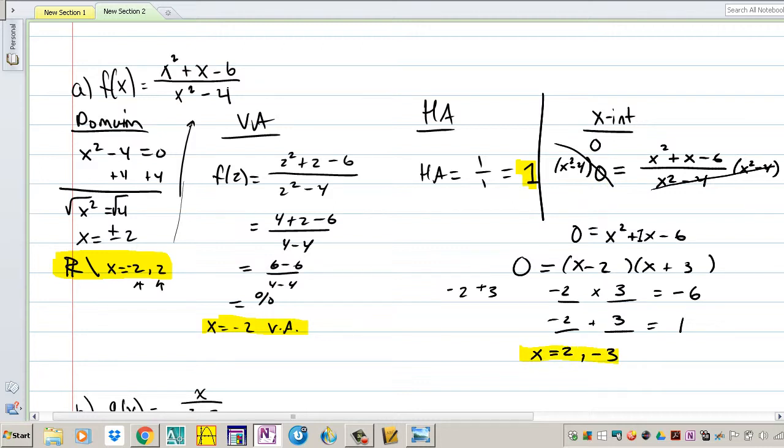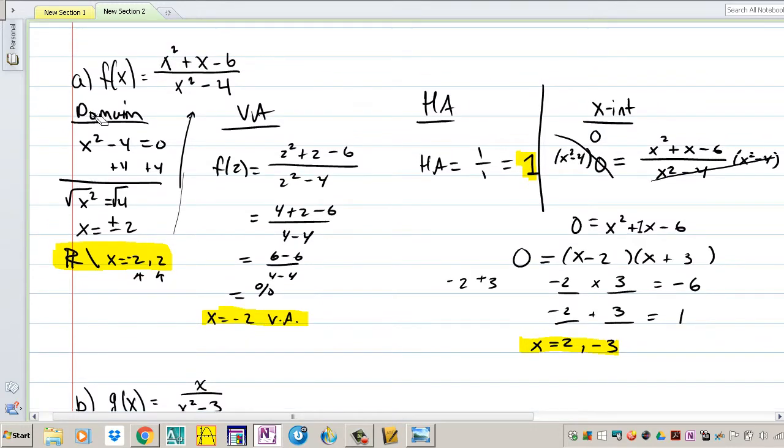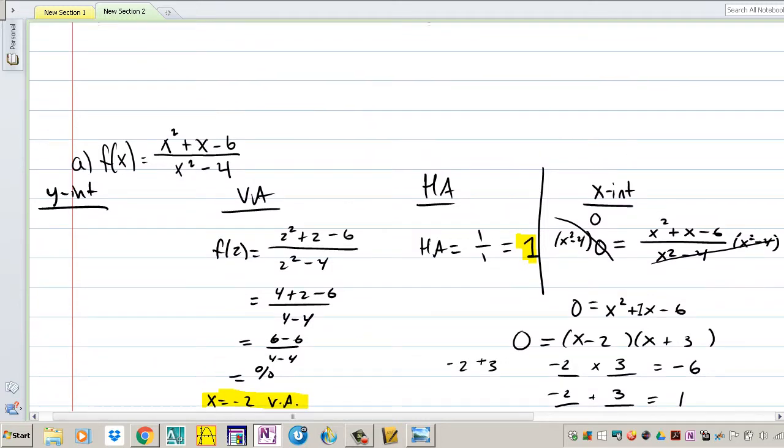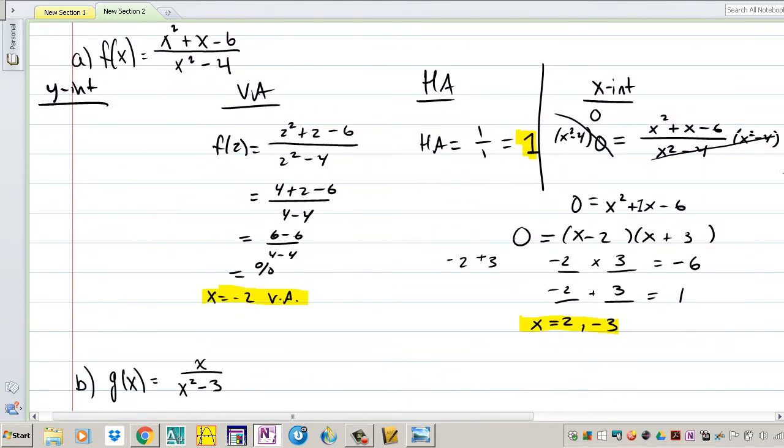For the y-intercept, I hope you're writing the notes, because I'm going to erase domain here. For the y-intercept, it's very easy. If I go back to my notes, I set x equal to 0 and solve. For every x, I plug in a 0.